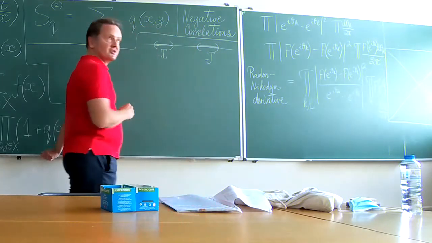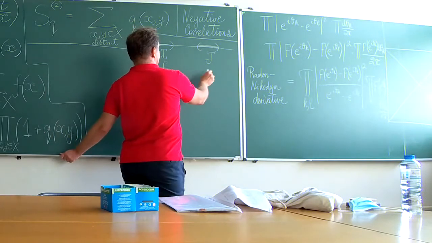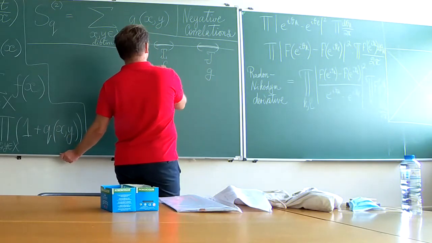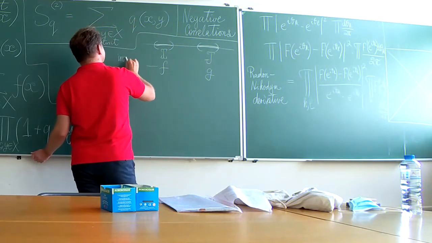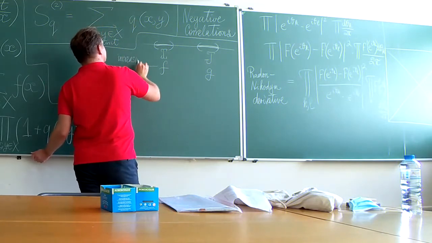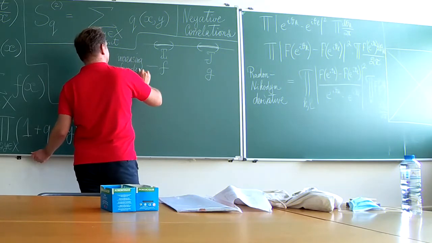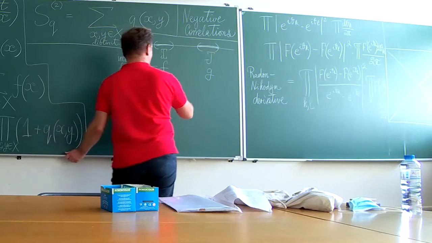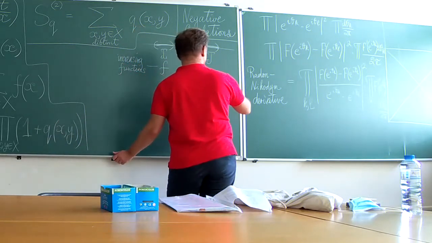And I have two functions, f and g, and these functions are increasing. What does it mean, increasing? These are functions depending on f of x with respect to I and g of x with respect to J.